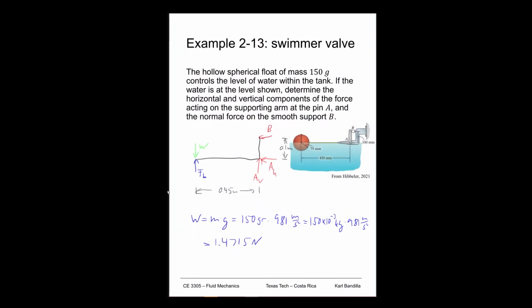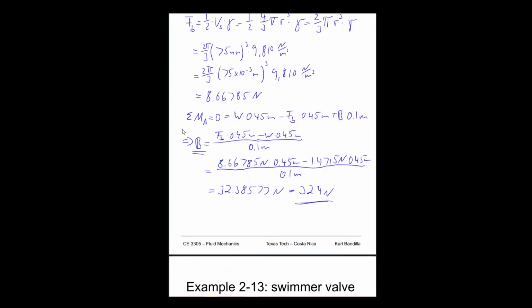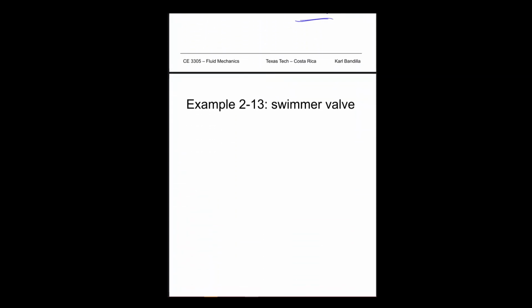How about the other ones? We could do a moment around B, which would give us AH, but we can also do the sum of forces, because they're all good. Let's give ourselves a little XY here. We can do the sum of forces in the X direction and then in the Y direction. The sum of forces in the X direction is equal to 0.